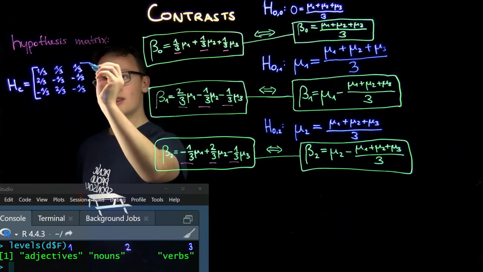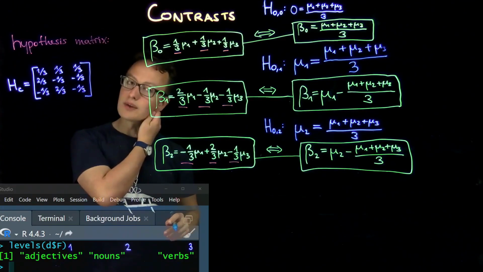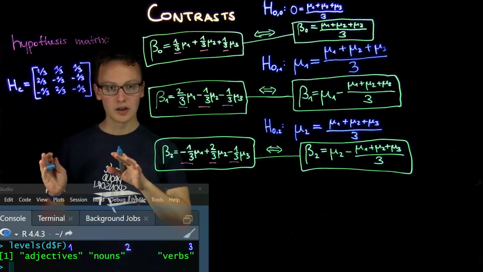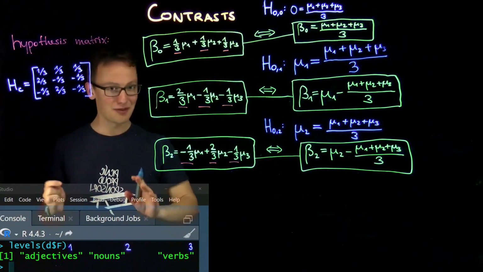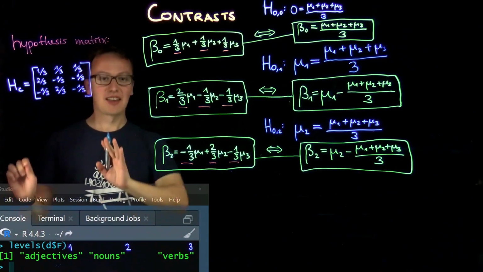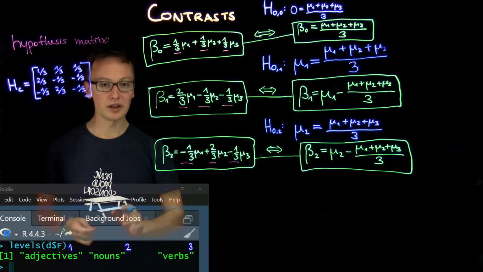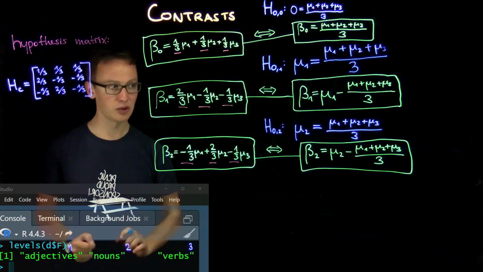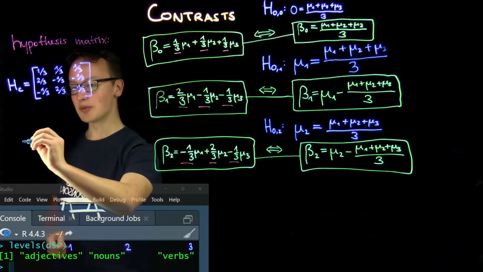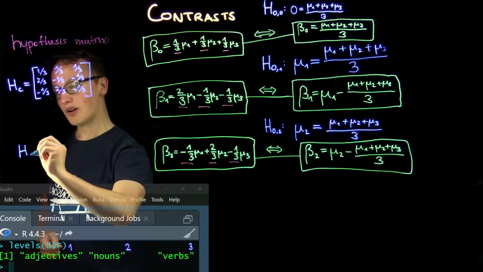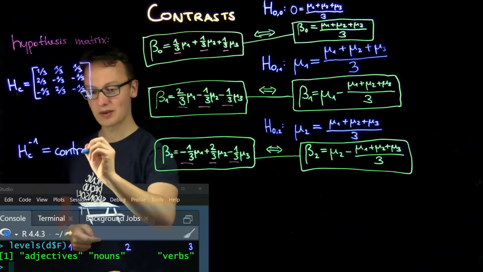All right? So the useful thing with this hypothesis matrix is that we can compute its generalized inverse, and for some very nice, magical mathematical reasons, this inverse that we can compute in R, for example, using the ginv function, will be equal to the contrast matrix that we have to apply to test these exact three hypotheses. That's amazing, right? So we can compute the inverse of this hypothesis matrix, and this will be equal to our contrast matrix.